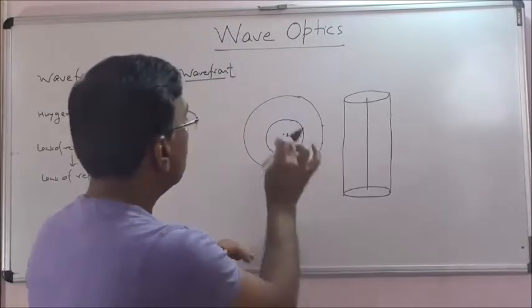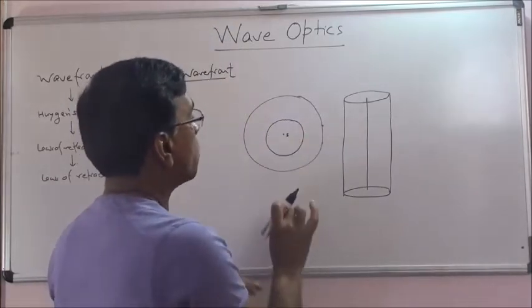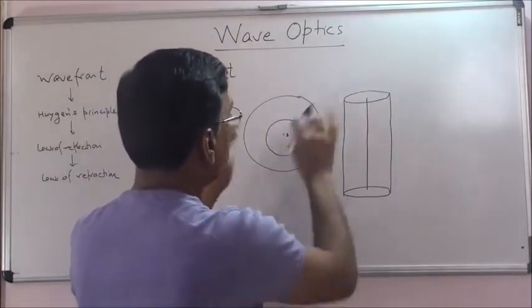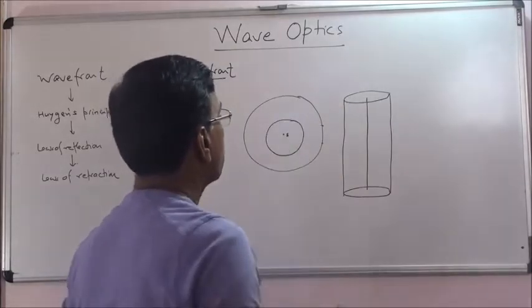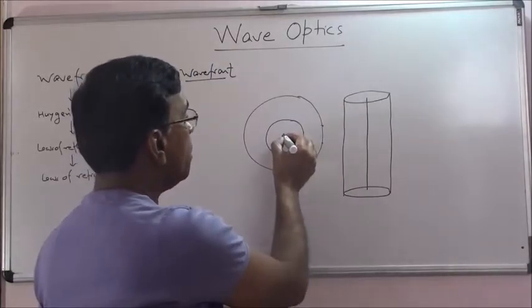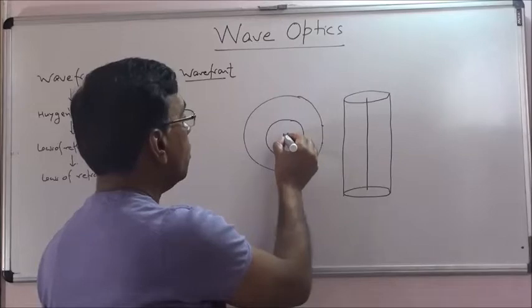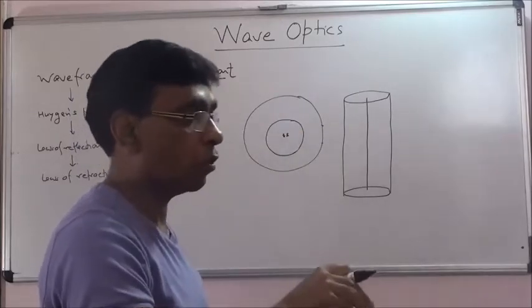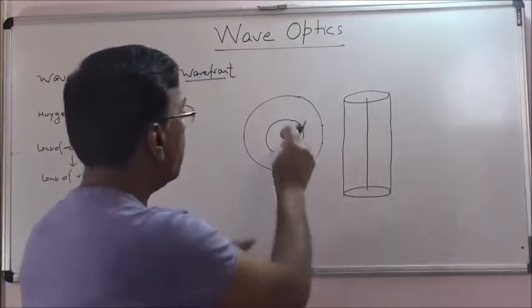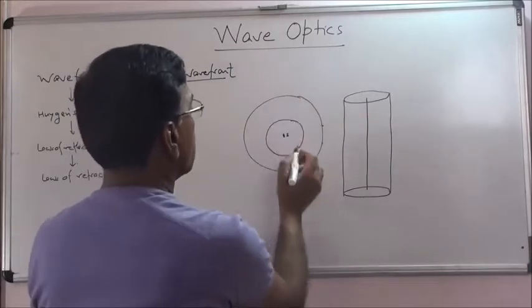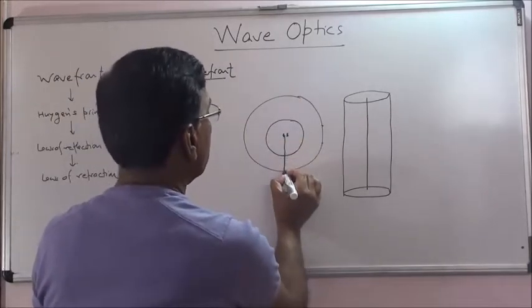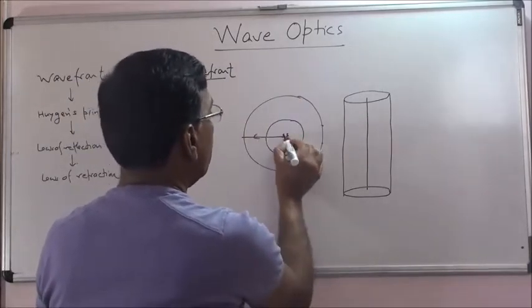Now we have dropped a stone at this point and the ripples are formed. These are the ripples. How is energy transferred from this point where we have dropped the stone to the other molecules of water? It is going in all directions, radially outward actually.